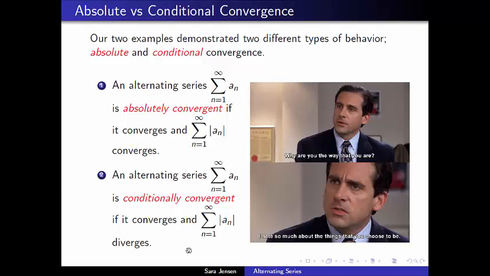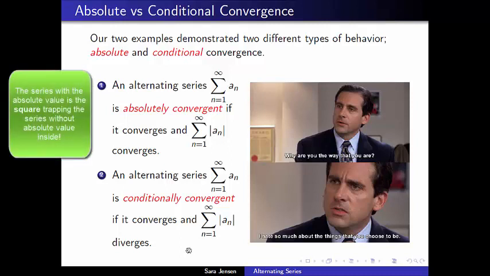Now the last thing I'll say here is that if you do have an absolutely convergent series and you were able to just take the absolute value of the terms and apply a different series test to show that that series is convergent, then you don't even need to perform the alternating series test, because what we'll have is something very similar to a direct comparison test.